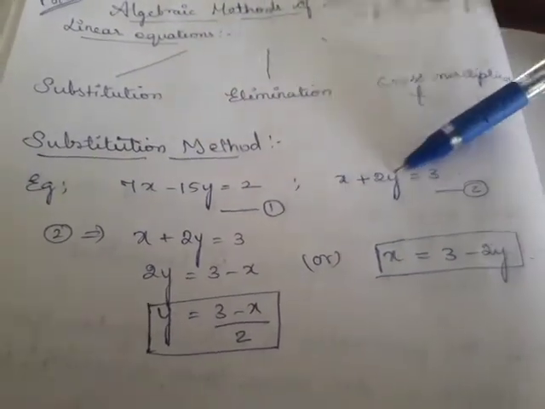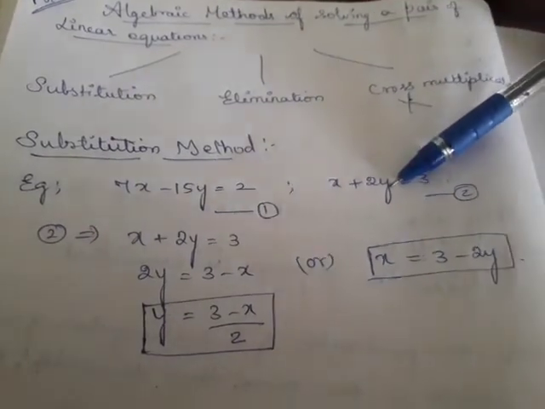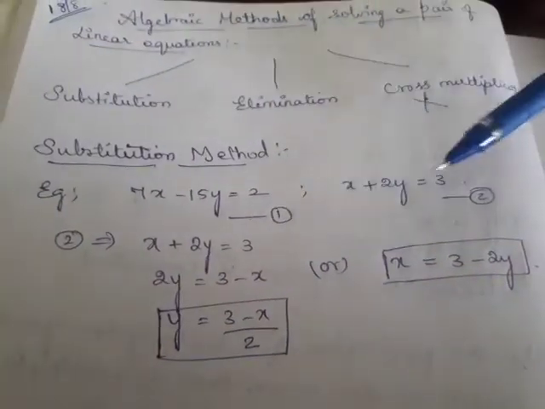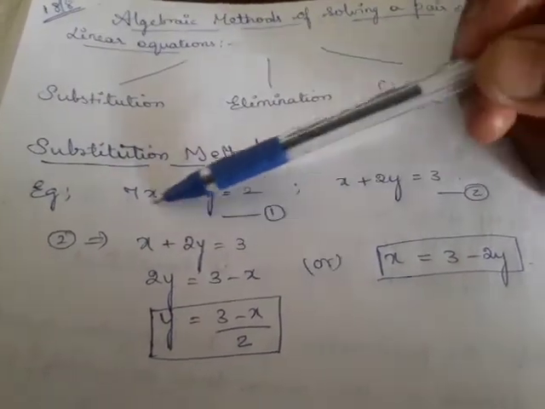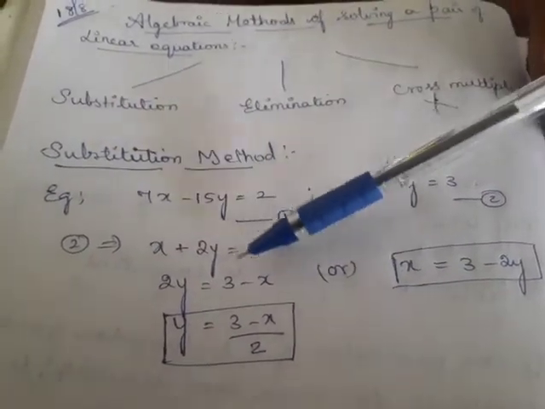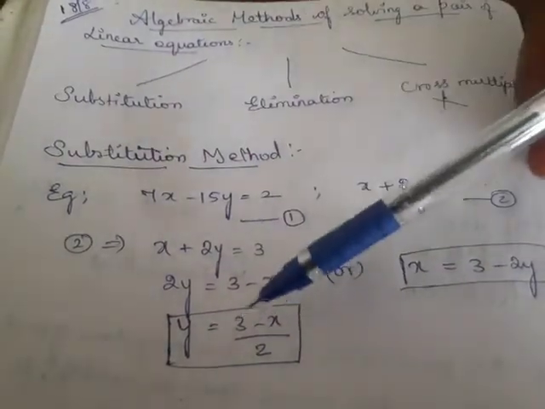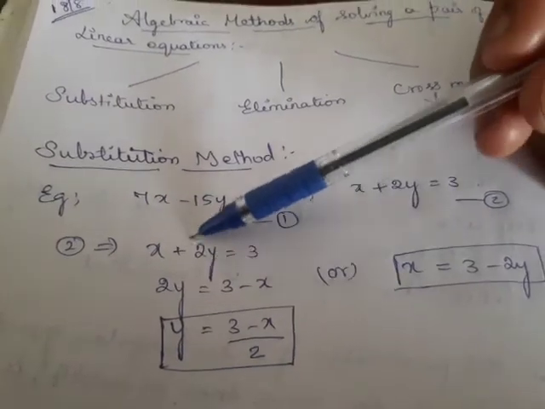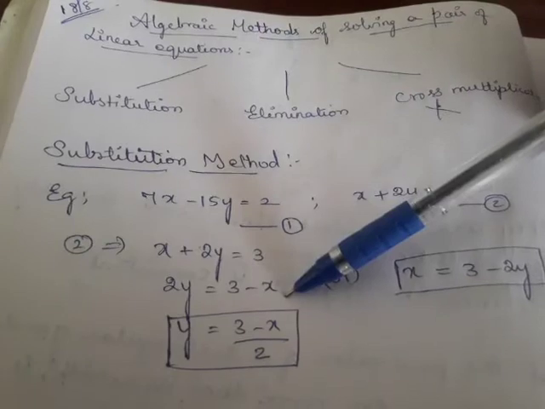See, we have two linear equations. You can choose any one of the equation which you feel easier. So I am going with the second equation now. x plus 2y equal to 3. From this equation, try to extract the value of any one of the variable. It can be x or it can be y. If you want to extract the value for y, keep y alone one side and bring the remaining terms to the other side.